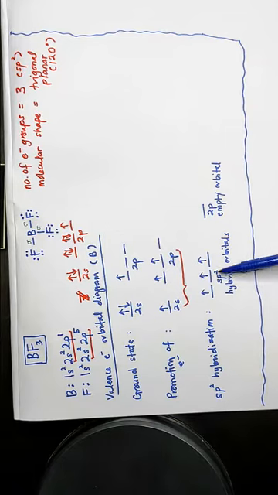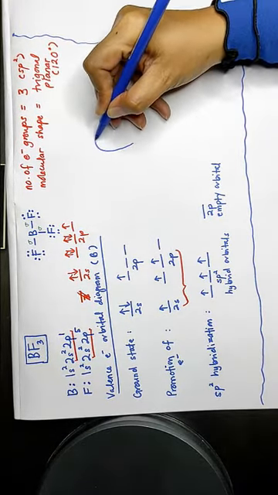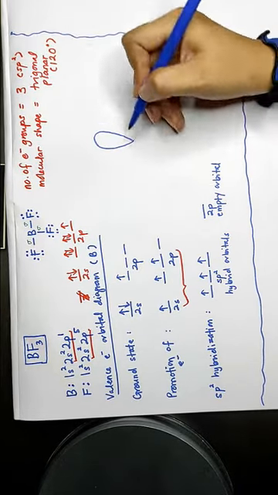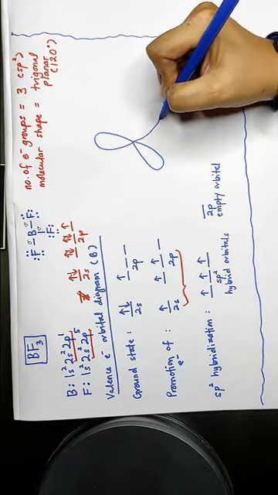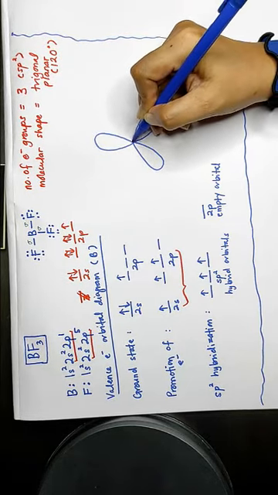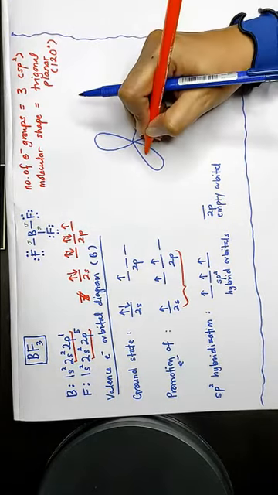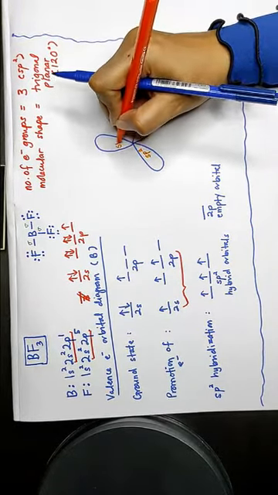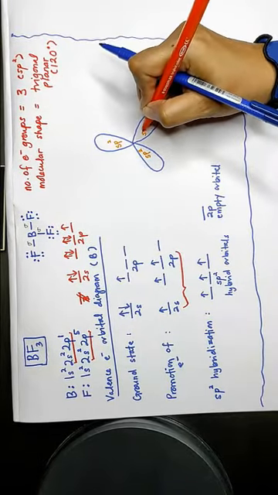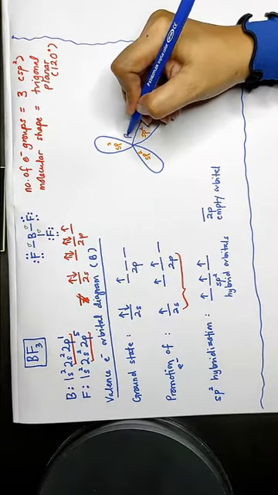There are 3 sp2 hybrid orbitals. Let's draw: 1, 2, 3. So these are the hybrid orbitals of boron, named sp2, sp2, sp2.